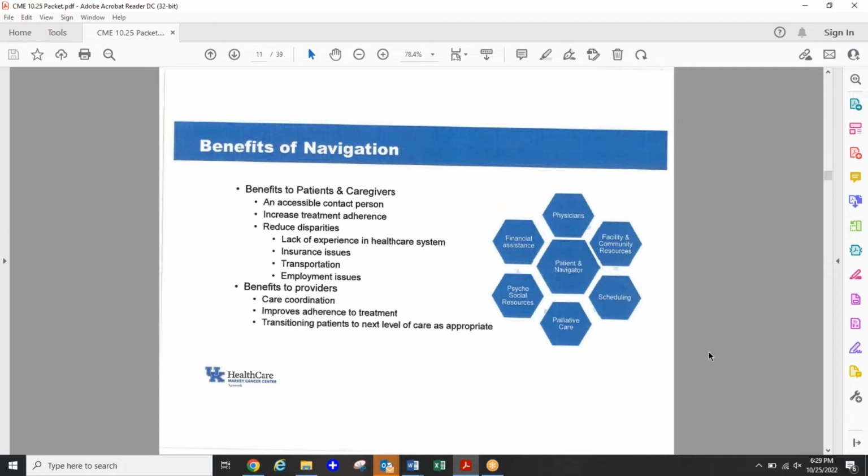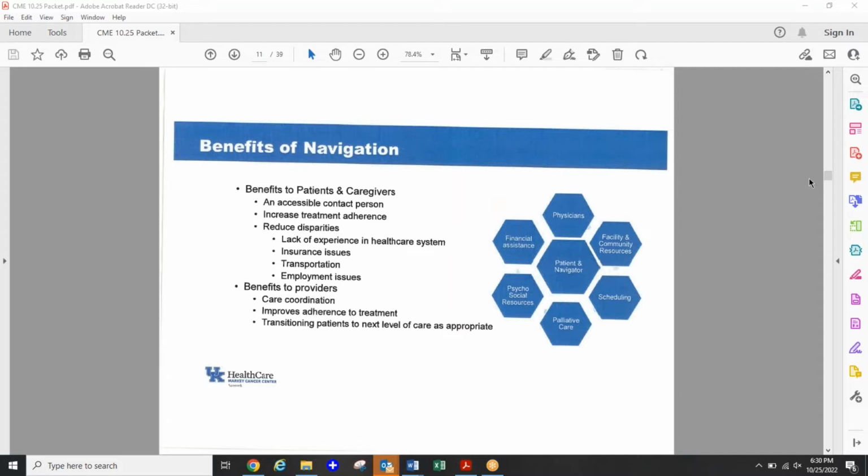There are also challenges with day-to-day activities such as transportation to treatment and taking time off work. The needs of cancer patients change and evolve throughout their cancer journey. If a patient is receiving radiation or chemotherapy, the first month they can maybe drive themselves. By the second month, maybe they can't. If there's no one there to reassess that and they're not giving up that information, it's hard to address that barrier.